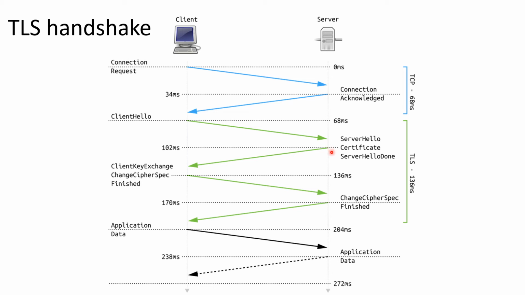It says, I want to be using TLS. Here are the protocols I like. The server responds saying, okay, I got those. These are the ones I'm going to use, and they go back and forth with messages to share the key. And finally, now they both have a key. At this point, they have a shared AES key, and the client can start sending data to the server and so forth, and on and on.